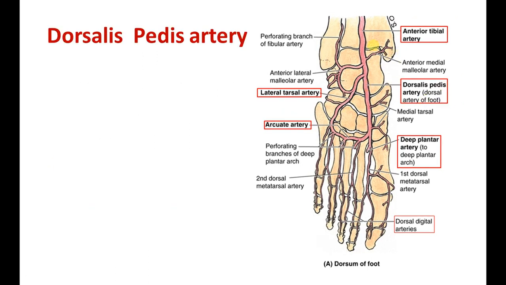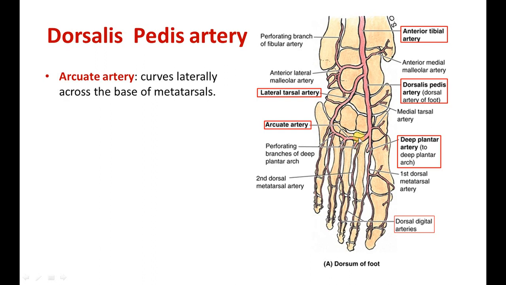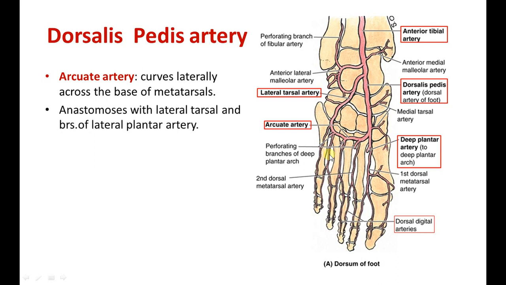It is called arcuate because it is like an arch, lying opposite the base of the metatarsals. It mainly gives the second, third, and fourth dorsal metatarsal arteries, and finally anastomoses with the branches of the lateral plantar artery.